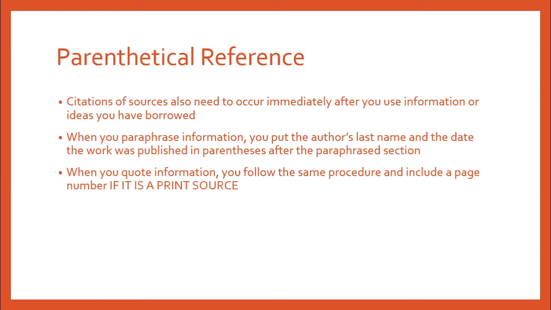So when you're paraphrasing information, which is what you should be doing mostly, you put the author's last name and the date of the publication in parentheses after whatever information you borrowed. And if it's a quote, you basically do the same thing, and you add a page number only if it's a print source. So that may sound a little complicated, so I'm just going to show you what it should look like.